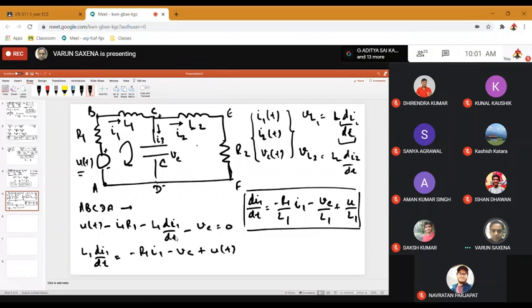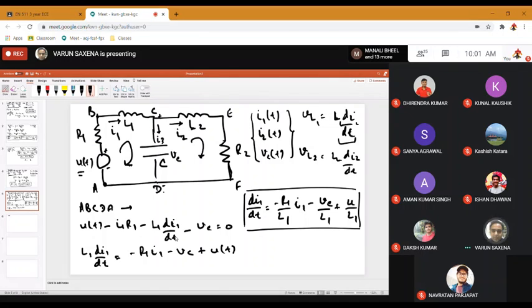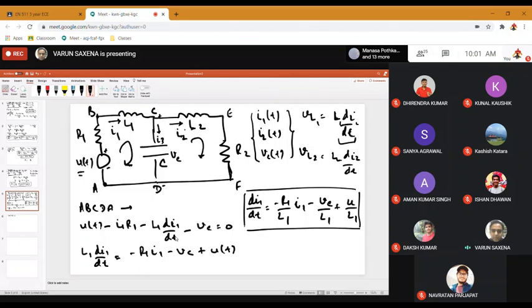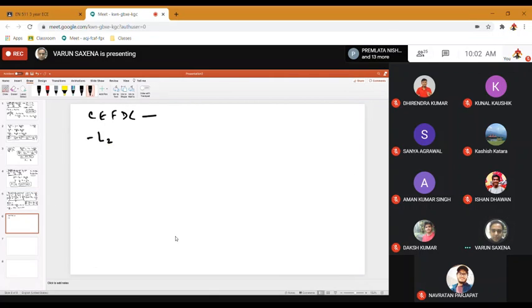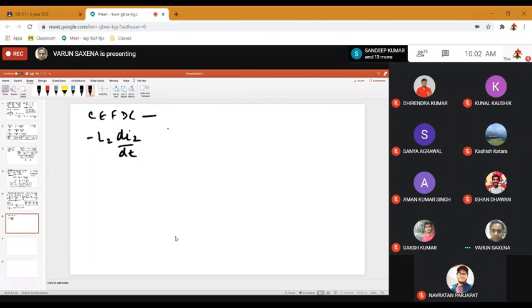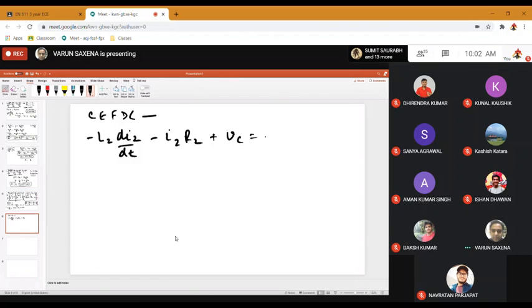Then we take this loop here, and we go C, E, F, D, C. So if we look at it, then we have minus L2 di2 by dt, then minus I2 R2 and plus Vc, so plus Vc equals 0.